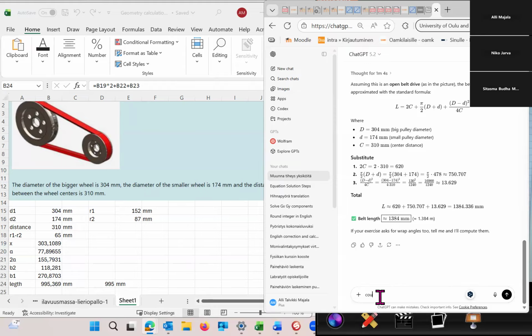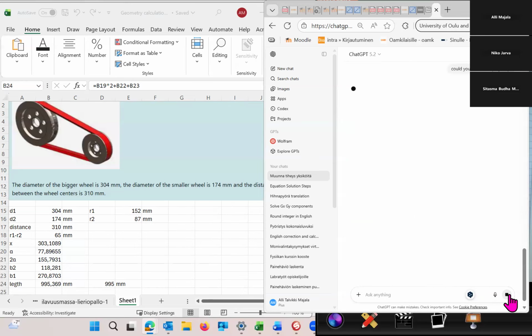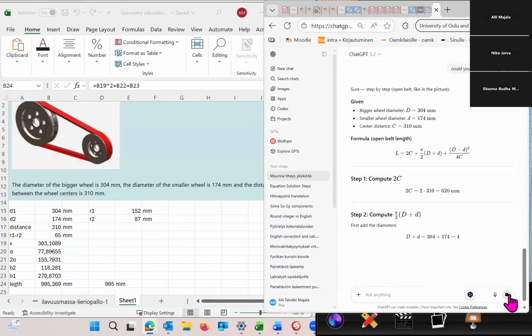Could you do this step by step? Which means that you get a bit more steps.